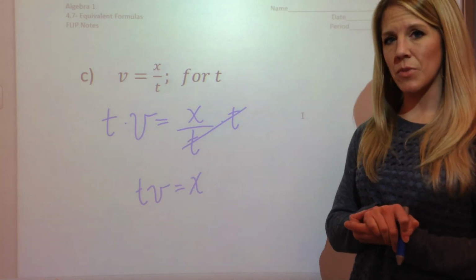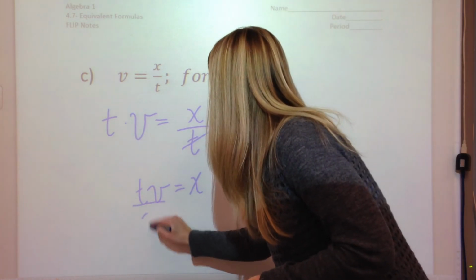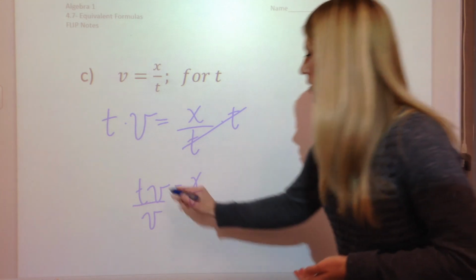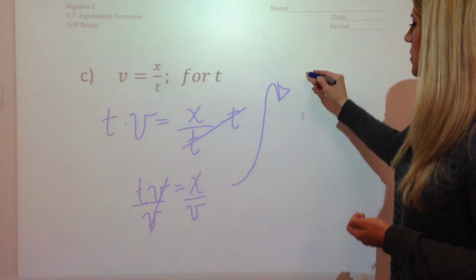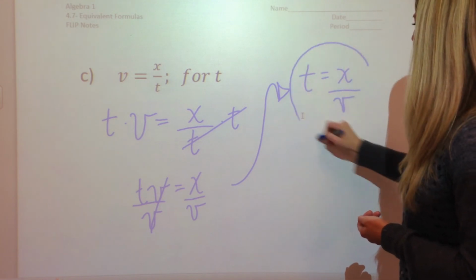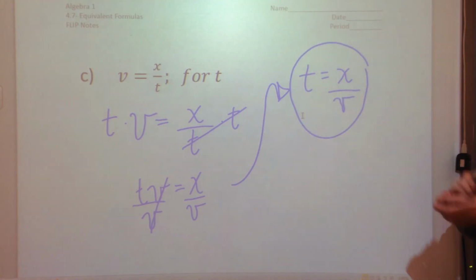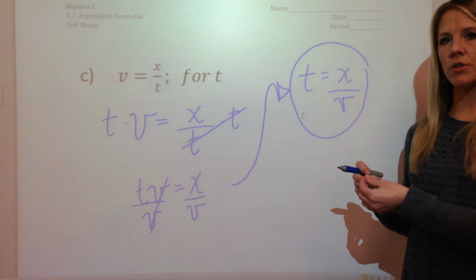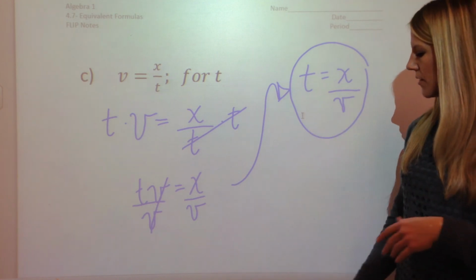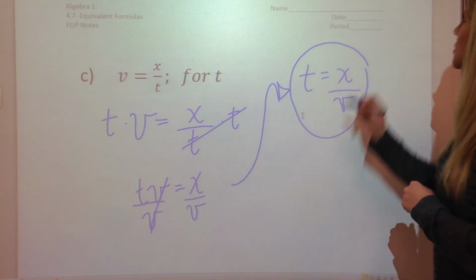So what do I do to get t by itself? Divide both sides by v, because it was t times v. So t equals x divided by v. Again, all the same steps as we've always used. We are just isolating one variable, getting it by itself, not getting a value, still getting another expression.